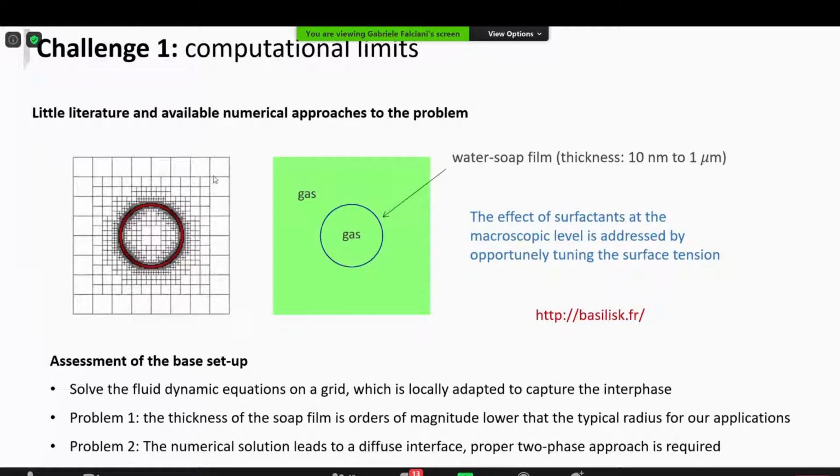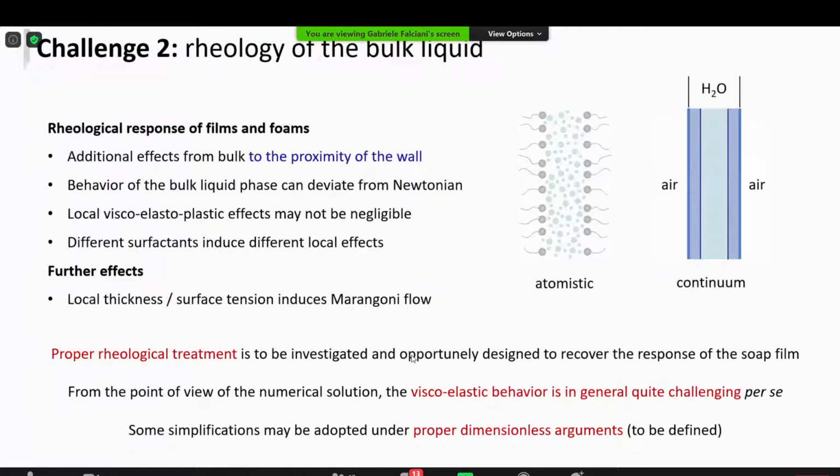However, the computational time also increases. So the first challenge is to efficiently compute the bubble dynamics, considering that we have to take into account the micrometer or nanometer thickness of the soap film and the centimeter scale of the bubble.